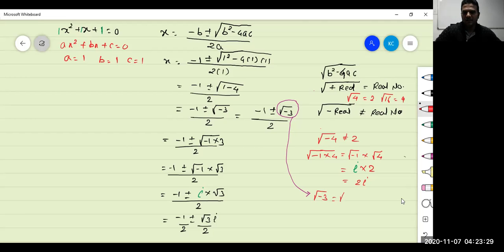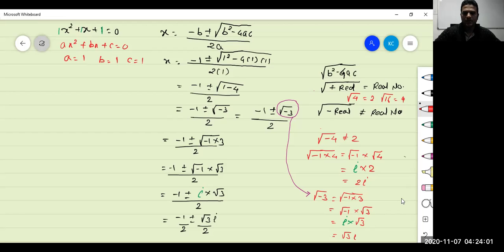Root of minus 1 into root 3. Root of minus 1 is nothing but the iota. So this is root 3i.